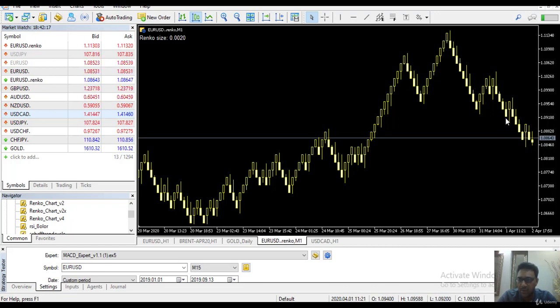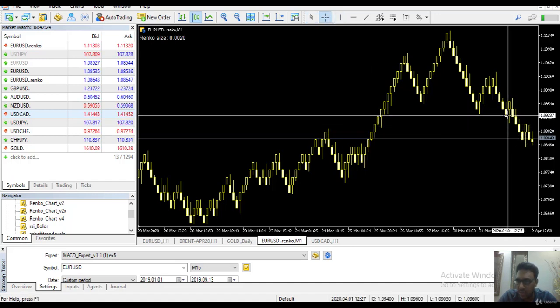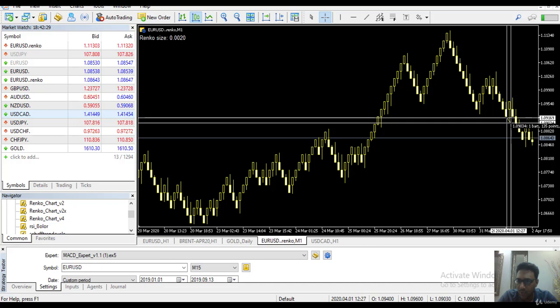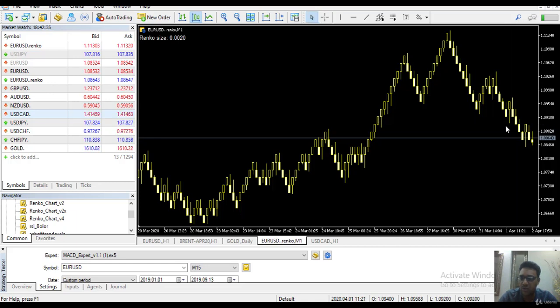Another example. Okay, let's look at this one. Red brick, it moved down, but it didn't complete the 200 points down. Let's see how much it covered. It almost covered 135 points, right? 135 points, and then it moved up again. So the break wasn't complete, but the wick shows that the price moved down and up.